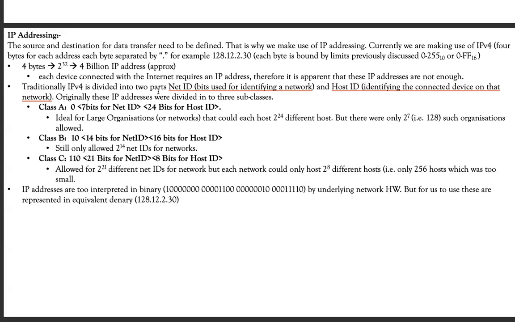Then only after it has reached your network will it progress towards you on the network. So first the net ID will be identified, then from that network, you will be traced.